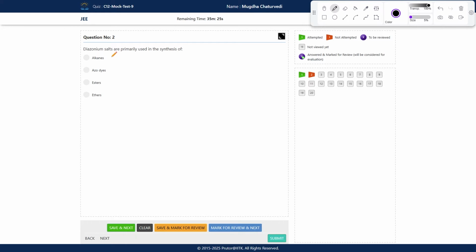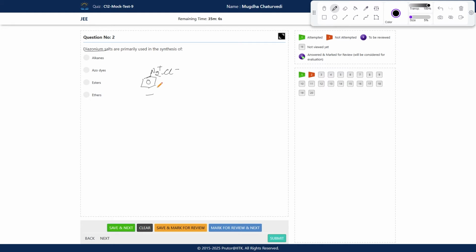Next one is diazonium salts. They are primarily used in the synthesis of. So if we talk about aromatic diazonium salts, then we have this N2+ and Cl- ions.